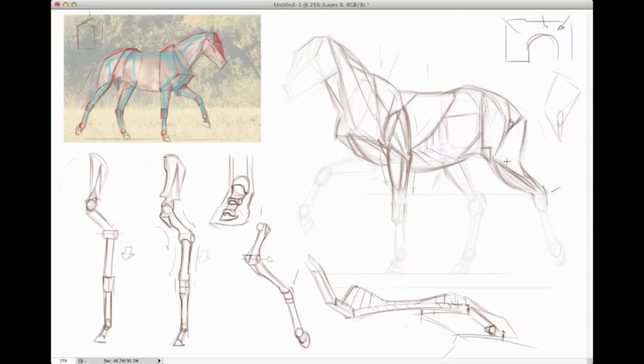And notice how adding these masses already gives a sense of thick, thin, straight against curve. Once you get down here, this is all tendon, so you're not going to worry too much. There is really not much muscle. There is no muscle mass in it.